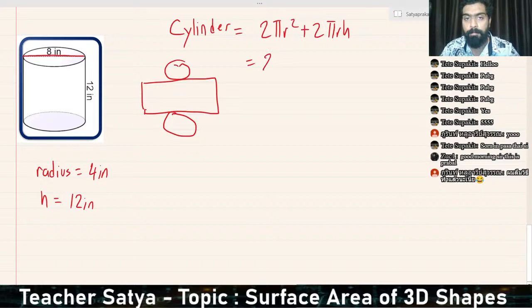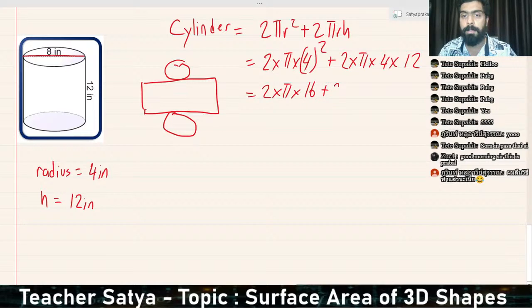Okay, so I would have 2 times pi times 4 to the power of 2, right guys? R is 4, so 4 to the power of 2 would be 4 times 4, plus 2 times pi times r is 4, so 4 times h is 12. Right guys, so 2 times pi times 4 square would give us 16, plus 2 times pi times 4 times 12 is equal to 48.